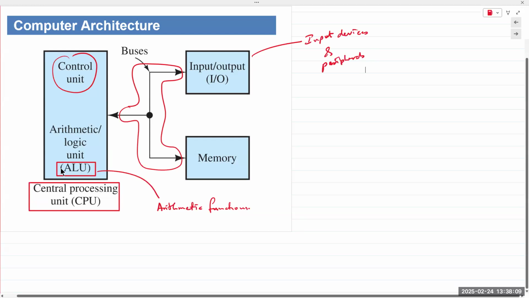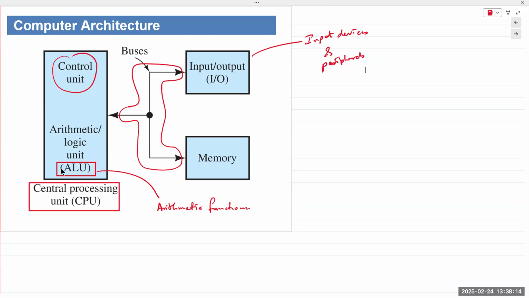And then as it works with the peripherals and the input devices, it needs to store and retrieve data. Hence, we need memory. Memory, as you'll see in the next couple of slides, comprises many different kinds, but there are two broad categories. Okay, so all of this interfacing takes place via a bus, and a bus is nothing but a collection of wires.